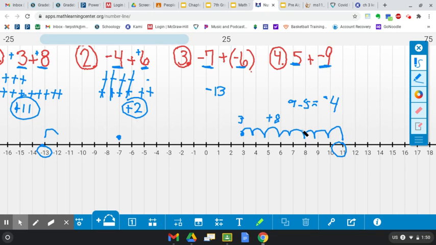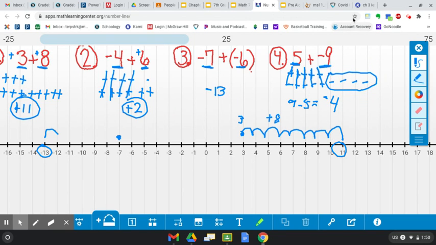So my answer should be negative 4. I could also go 5 positives, 9 negative, cancel them out, and we're left with negative 4.